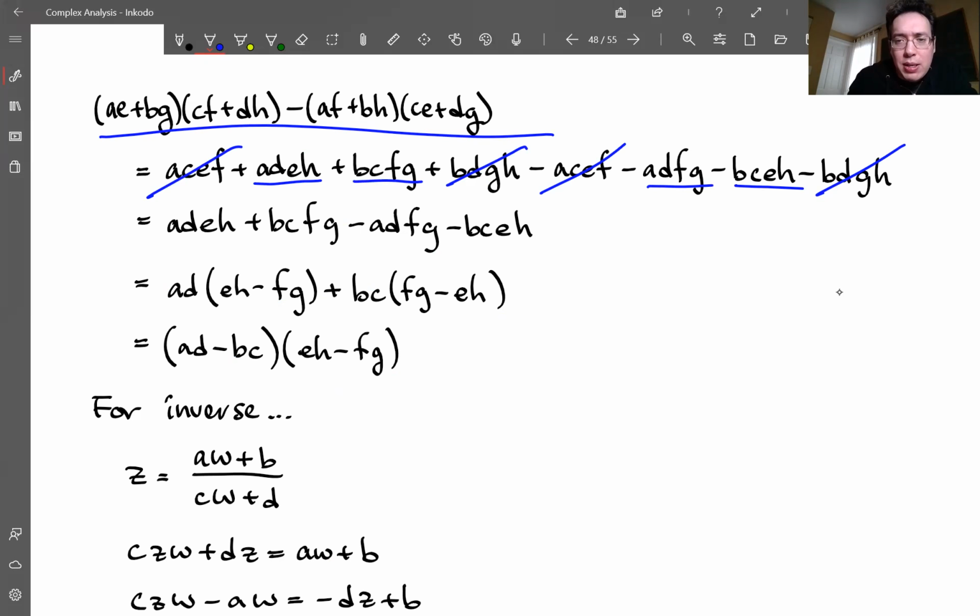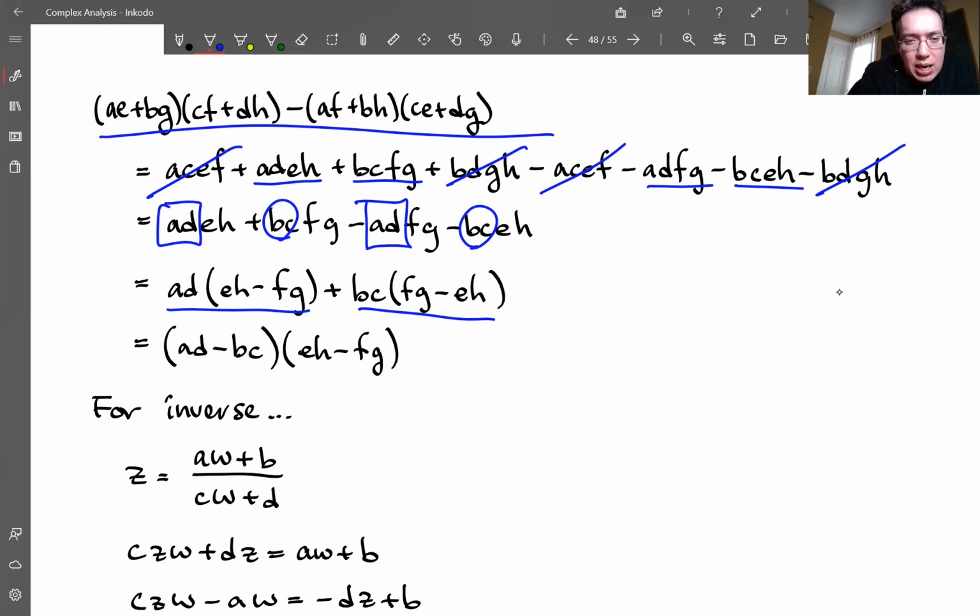Let me rewrite that together here. If you look, there are 2 terms that have AD in them, so let me factor AD out of those 2 terms. And the other 2 terms have BC in them, so let me factor those out of those 2 terms. And here's what I get.